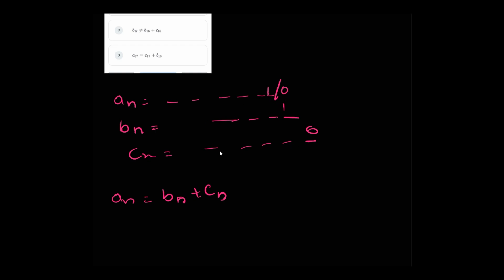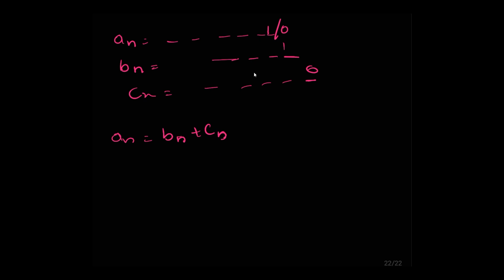So An equals Bn plus Cn. Now take this as equation number 1. Now for the second equation we can take it like this. Bn equals the total number of ways in which no two zeros are together and the last one ends with 1.